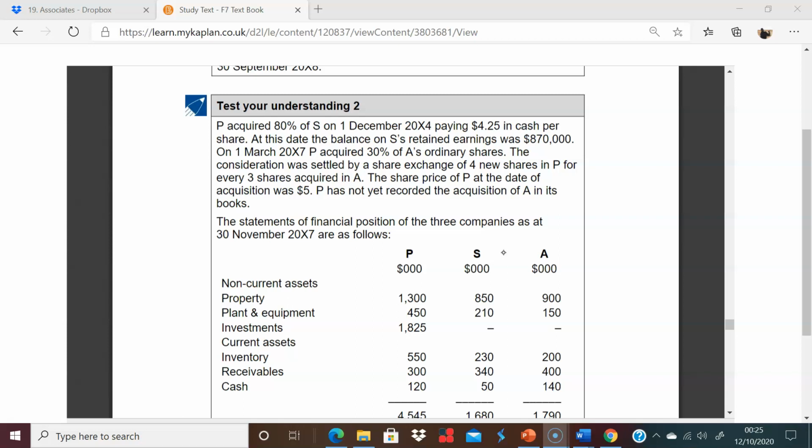So we're issuing shares in our own business to pay. Our consideration is £5 times whatever number of shares we issued in exchange for their shares. We record that acquisition by debiting investment and crediting issued share capital in our own business, because that's how we have paid for these shares, by issuing new share capital.